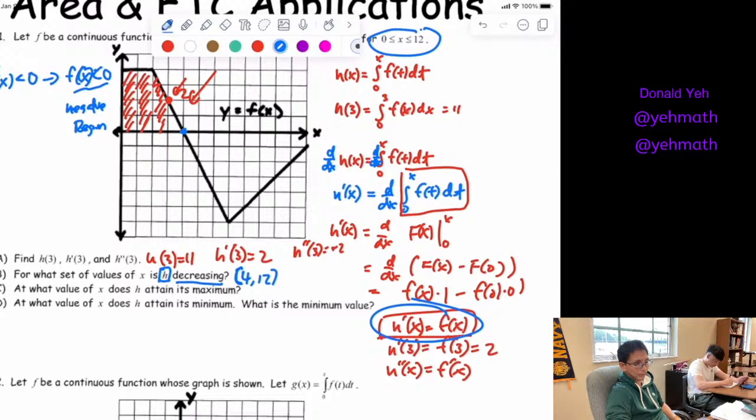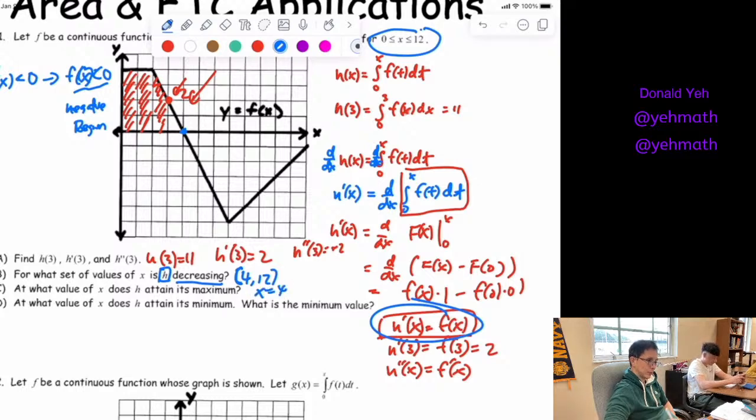Next question. At what value does h attain its maximum? Again, the subject is h. You got it? x equals 4. x equal to 4 is correct. Why is x equal to 4?